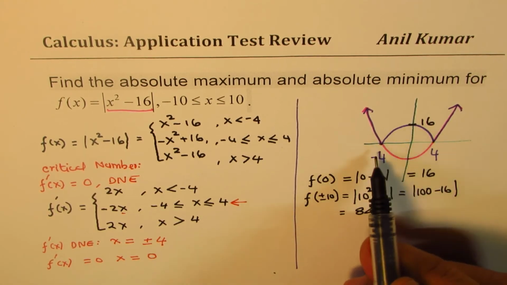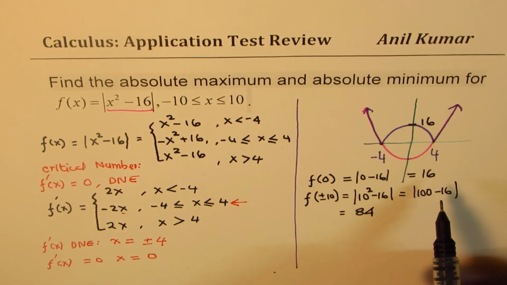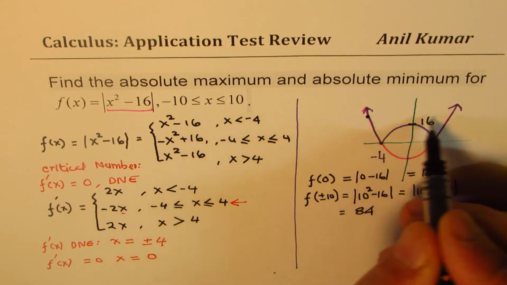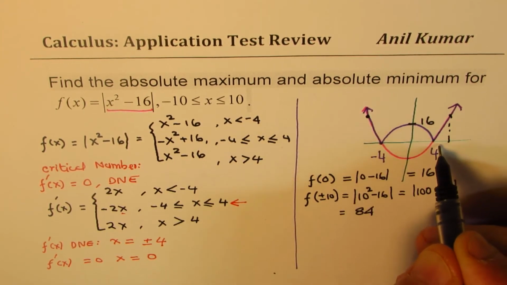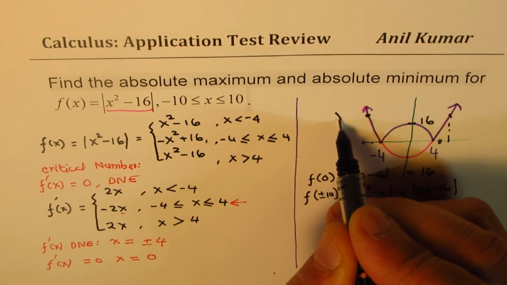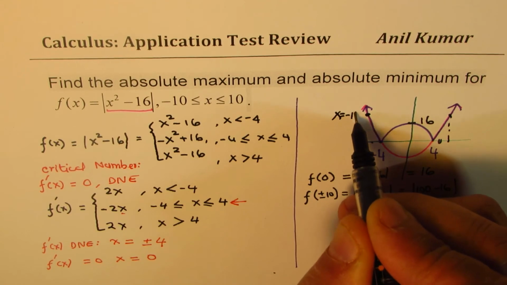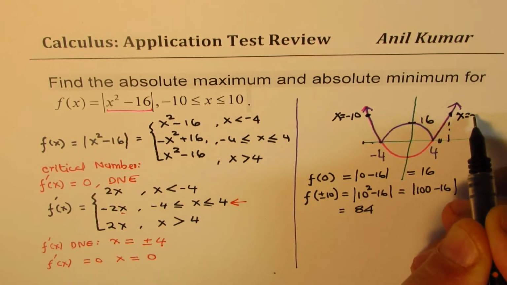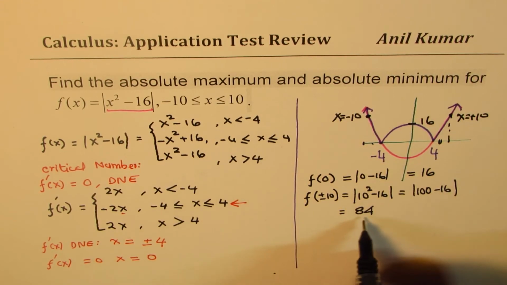So within the closed interval, 10 will be somewhere there, right? Let's say this point corresponds to x equals minus 10, and this one corresponds to x equals plus 10, and that value is 84.